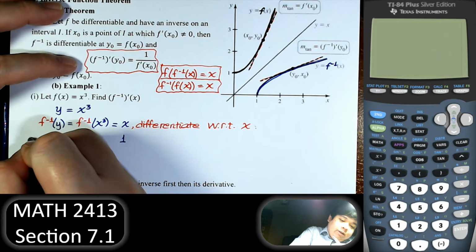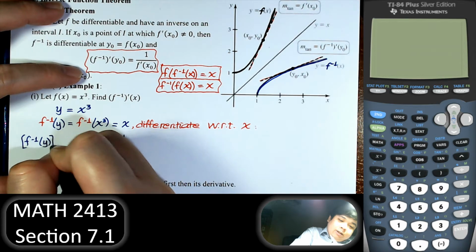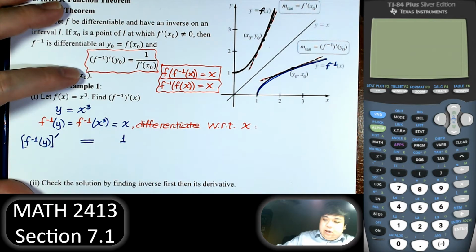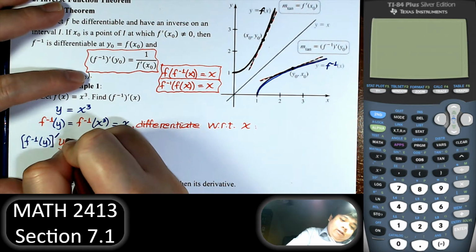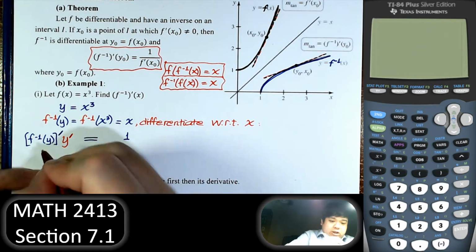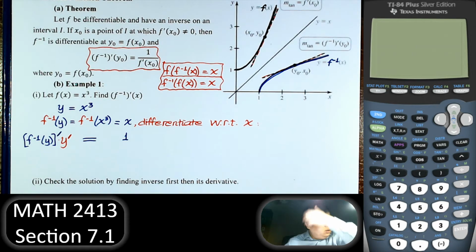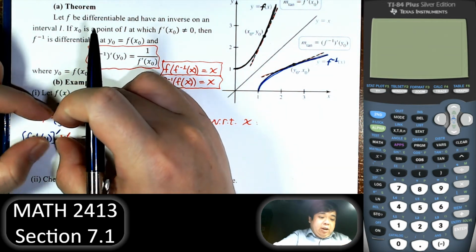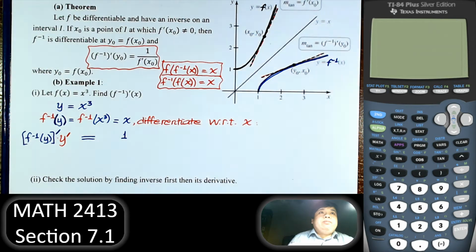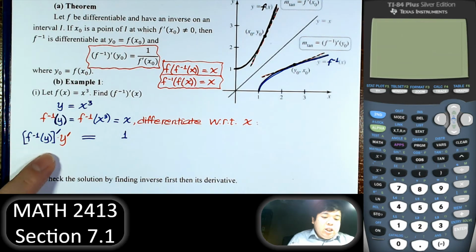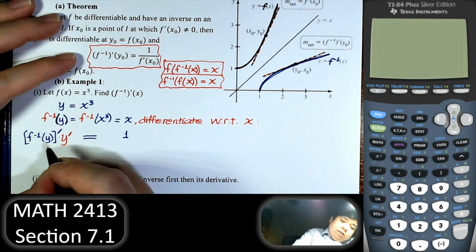We'll have the derivative of the whole thing, and then the derivative of the parentheses, which is y prime. Since we're going to solve for the derivative of the inverse, we divide by y prime on both sides.